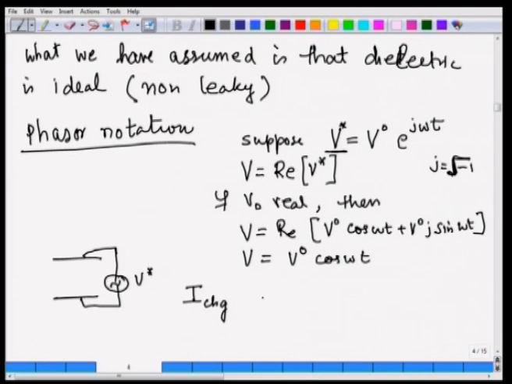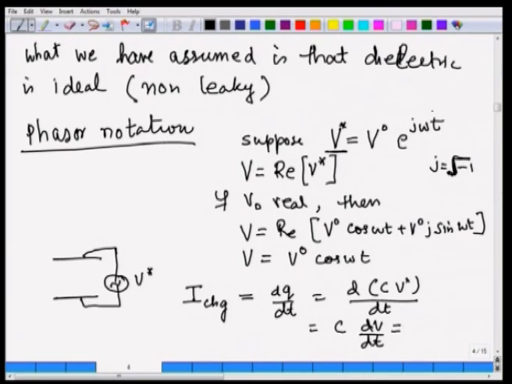I get a charging current, which will be given as dq by dt, which is d(CV) by dt, which is C dV by dt.